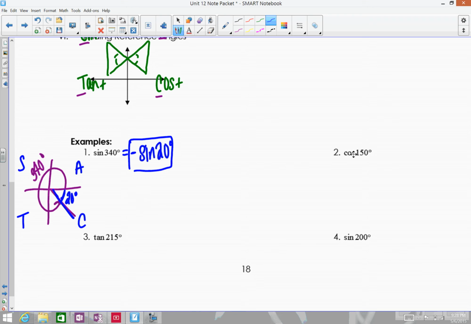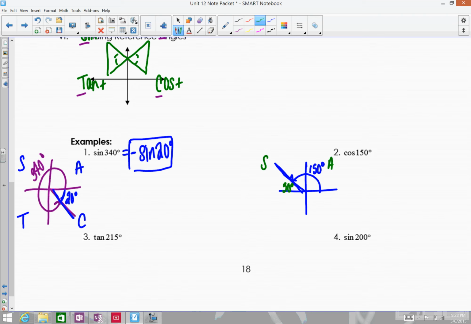The next one here, I have cosine of 150, so we're going to start with drawing out 150. 150 should end up in the second quadrant. My reference angle for this is going to be 30, because 30 plus 150 gives me 180.